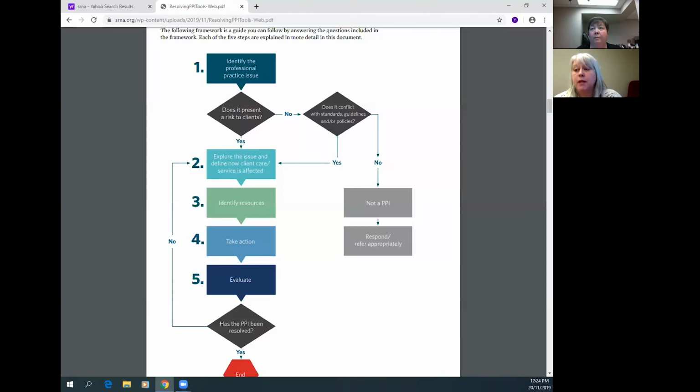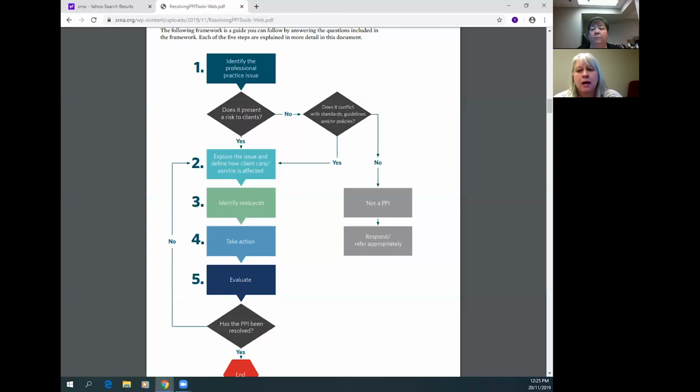So if it's an occupational health and safety issue that presents a risk to a staff member, or some member of the public coming in and out of your agency, then that still needs to be responded to or referred to appropriately. As a manager, I may be identifying some kind of employment things that are concerning to me.